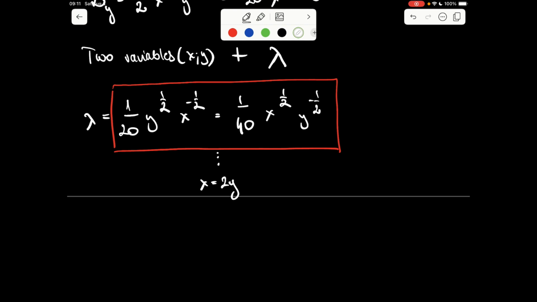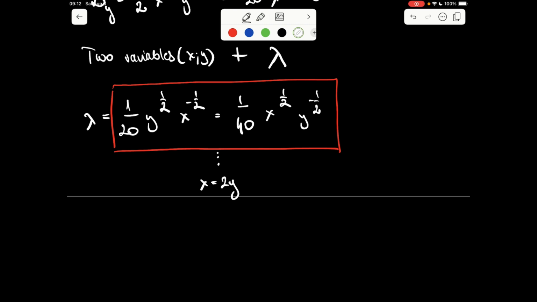This is a very important result because this equation clarifies the ratio of the two products in the optimum bundle, but in itself it's not a solution because an infinite number of combinations of x and y can satisfy this equation.